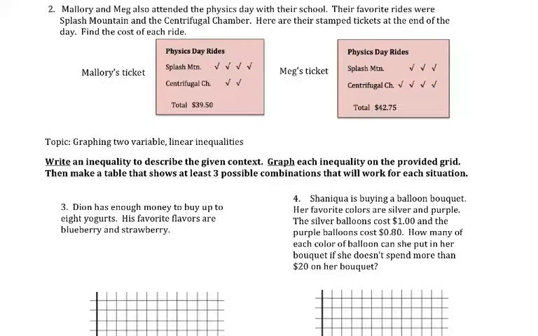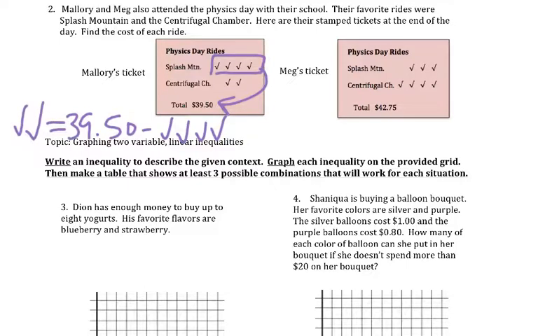So follow me with this. What you're going to want to do is realize that if I were to take these 4 Splash Mountains and subtract them from 39.50, that would be equal to 2 centrifugals. Okay, notice we've got 2 sets of 2 centrifugals here. So I replace each one of those with this.